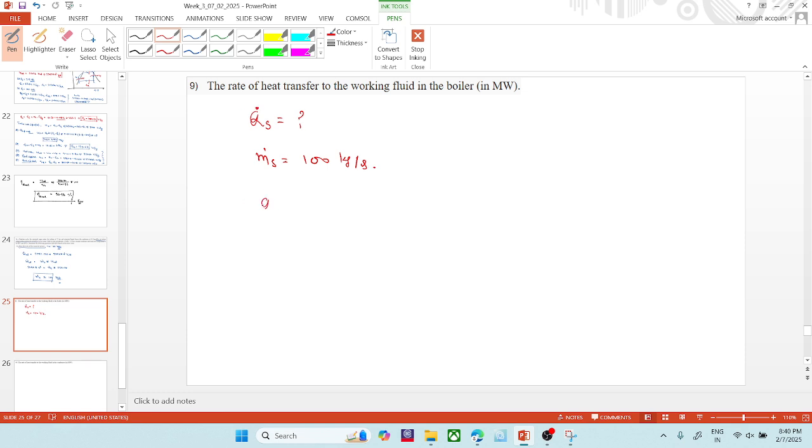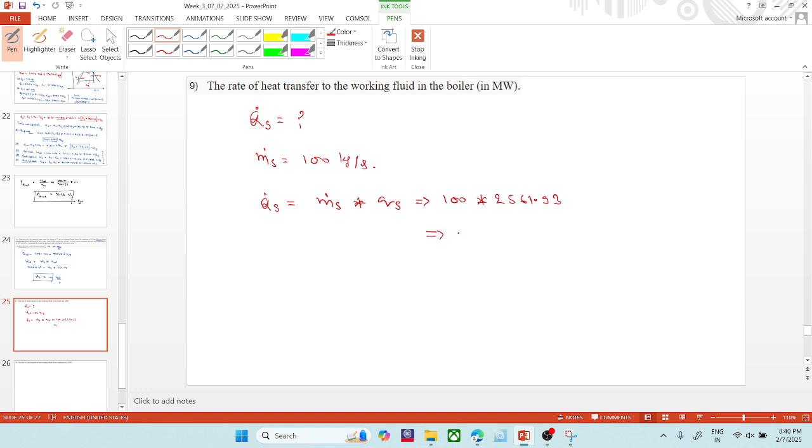So this heat added rate into the boiler would be m dot s into specific heat supplied, QS, which we just calculated as 2561.93.